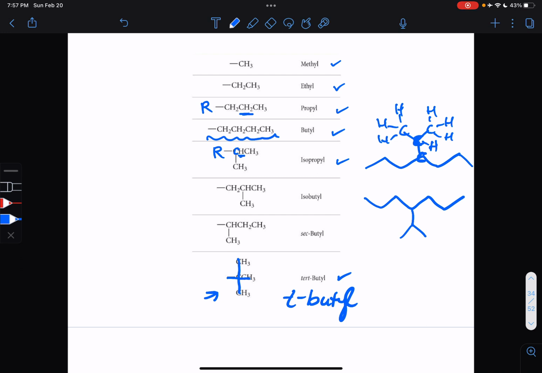And it looks like a T, so t-butyl, that's kind of easy to remember. So we would just draw something like that. Now, if you wanted to put all of your carbons and your hydrogens in, that would take a little bit of time, but it looks like this.